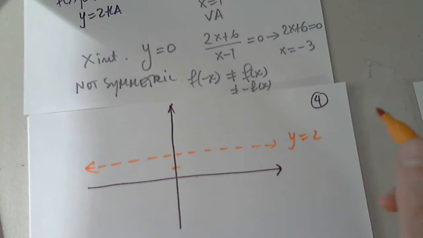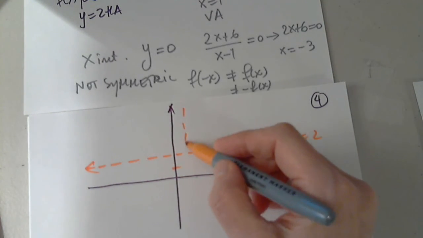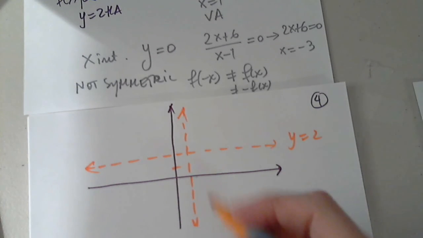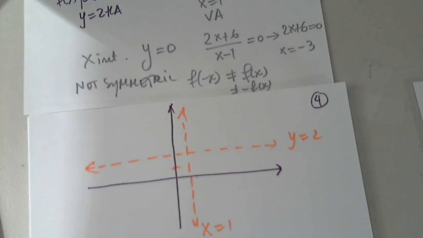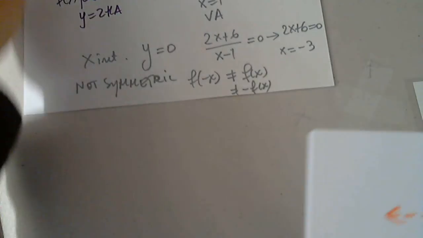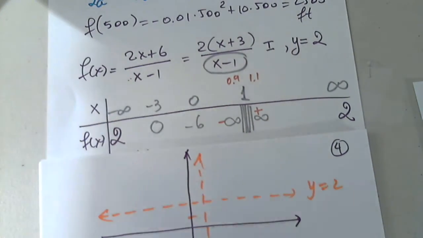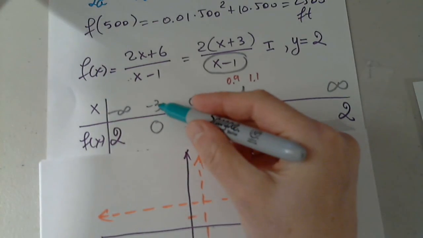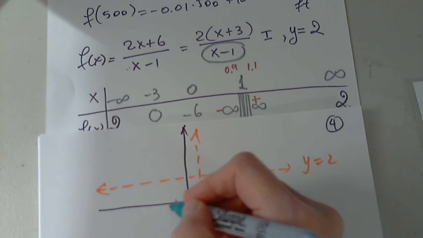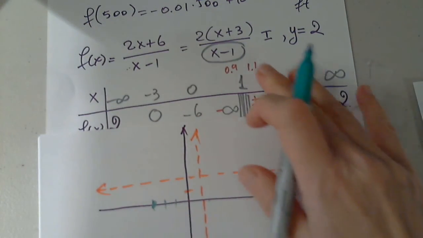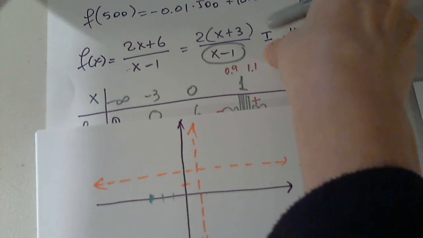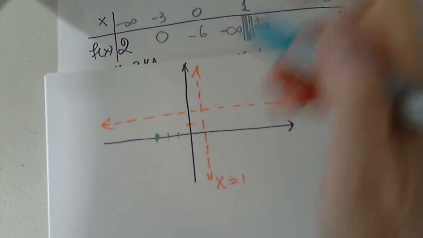Y equals 2 and x equals 1. And now all I need to do is step by step read the table. I don't care for anything else. The table tells us everything. I have to plot this point, negative 3, 0. And I have to plot this point, 0, negative 6.